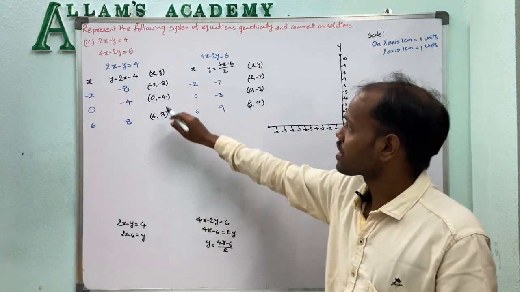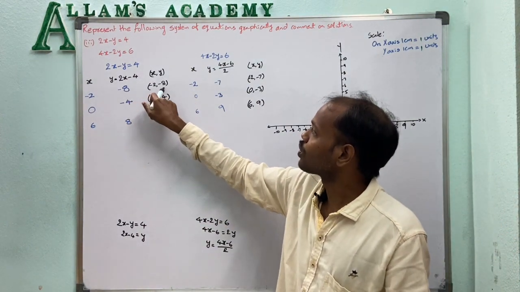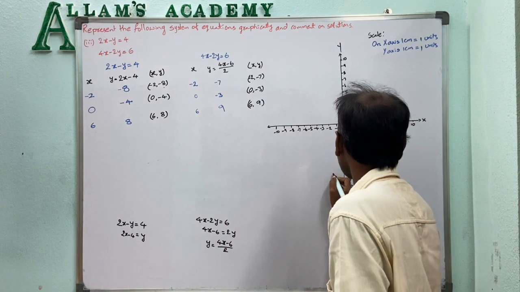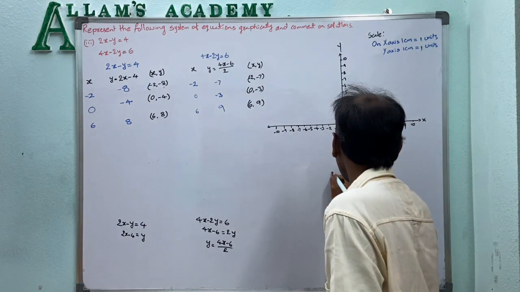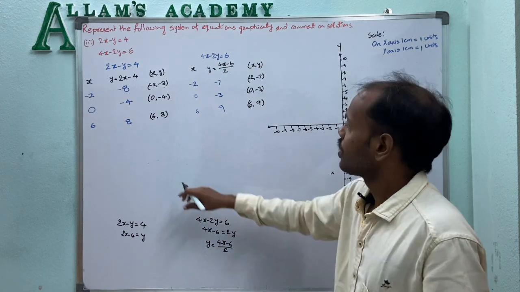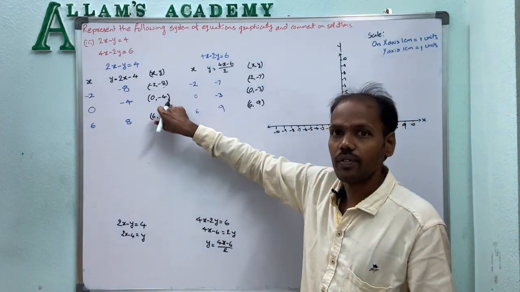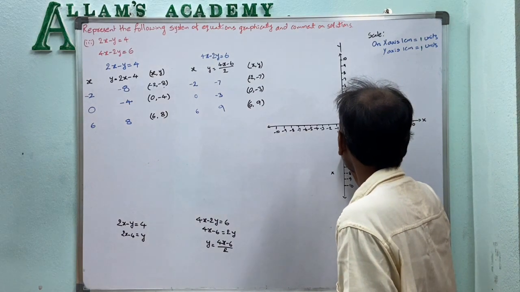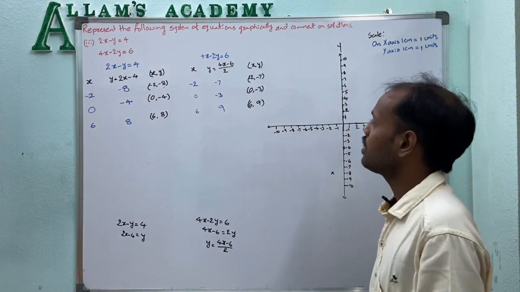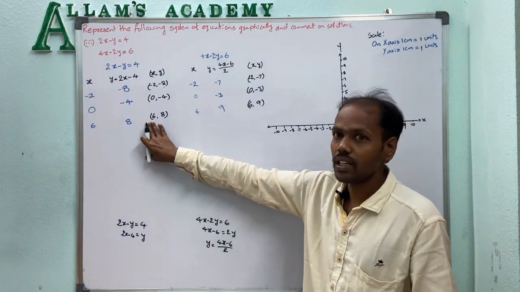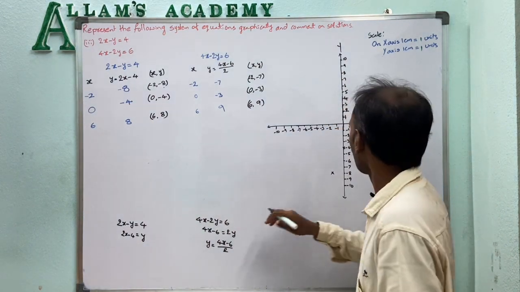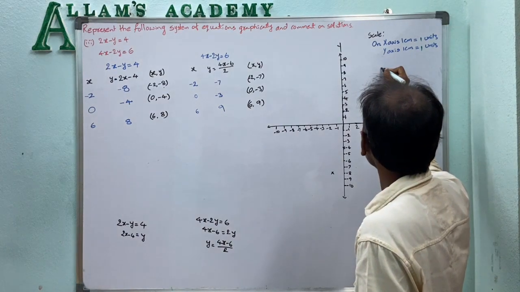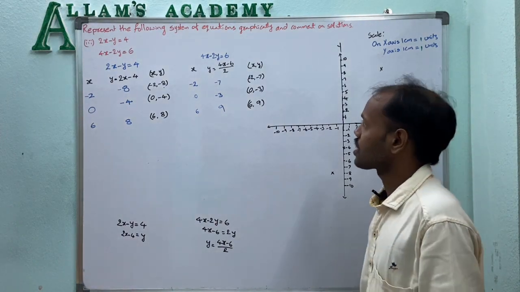Now we locate these points on the graph. First, for equation one, observing minus 2 to minus 8: if the x coordinate is minus 2, its corresponding y coordinate is minus 8. If the x coordinate is 0, its corresponding y coordinate is minus 4. If the x coordinate is 6, its corresponding y coordinate is 8.